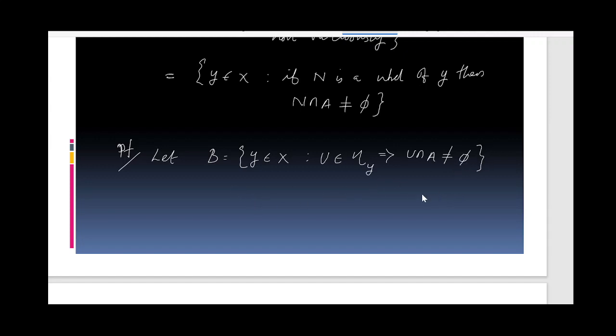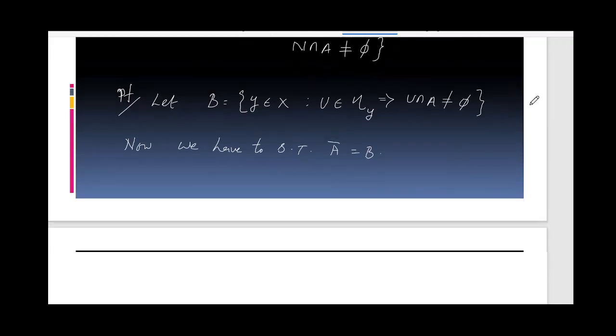So taking that set as B, now we have to show that A closure is equal to B.